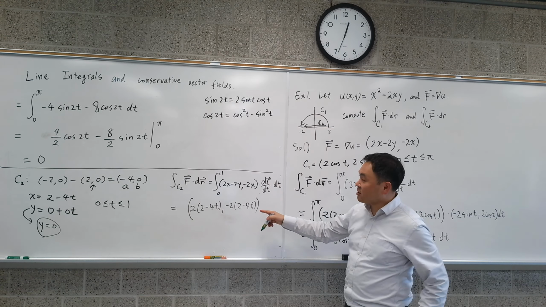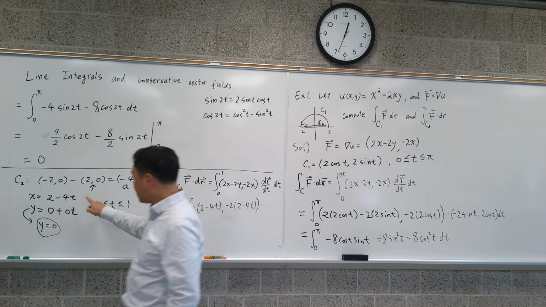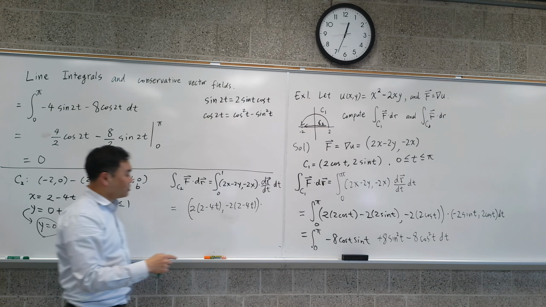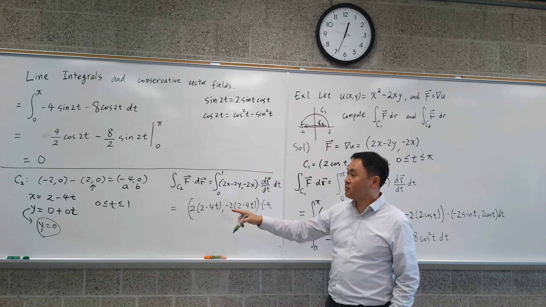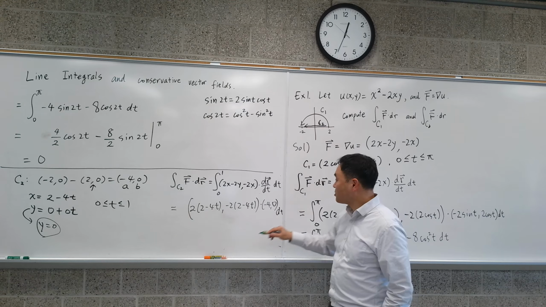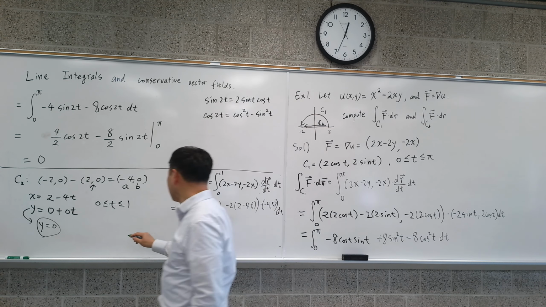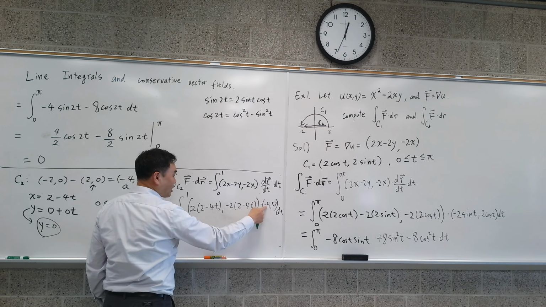And dr/dt is what? This is r, right? If you differentiate this, you get negative 4, and if you differentiate y, you get 0. So you have to do the integral of this thing from 0 to 1. Well, times 0 doesn't do anything, so you really have to compute this one.